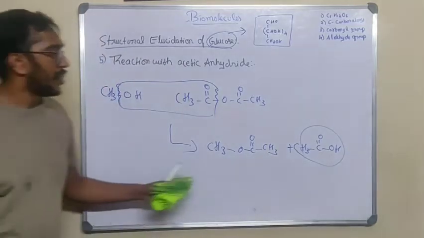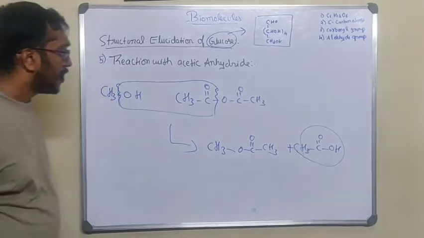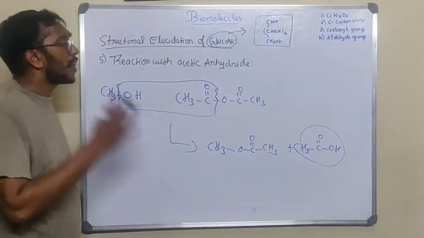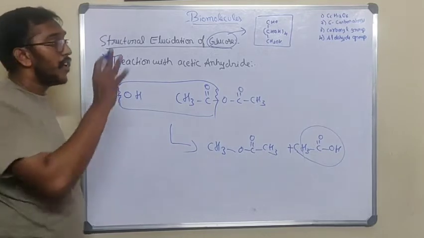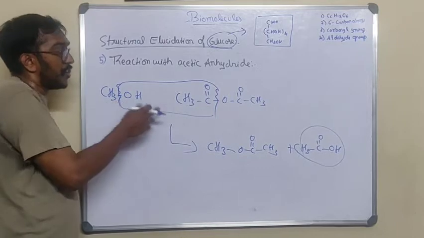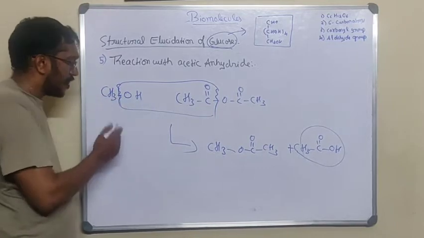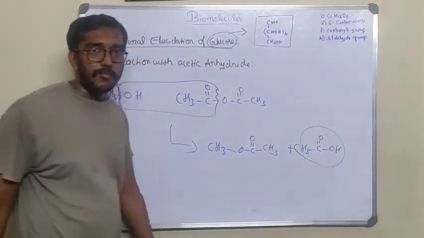So one ester will be there, and one carboxylic acid product will be there. So this is a basic reaction. So what happens when acetic anhydride reacts with glucose? Listen carefully here. OH will go out. If there is an OH only, it is going to form one acid now. Clear?